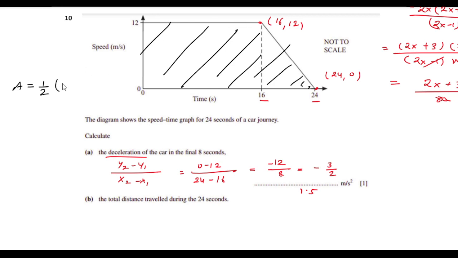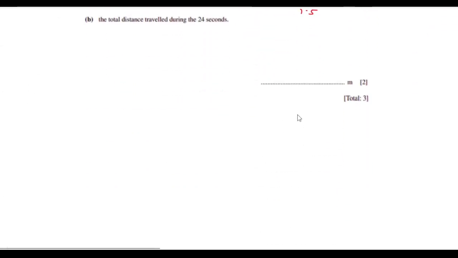One side is 24, other side is 16, times the distance between the two, which is 12. So half of 12 is 6. Now 24 plus 16 is 40. 40 times 6 is 240 meter. So the total distance which you cover is 240 meter. Here I will write 240 meter.